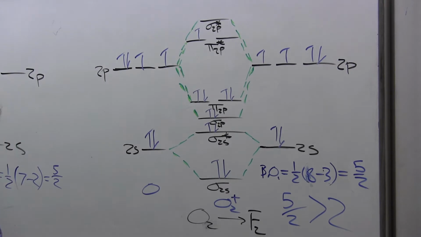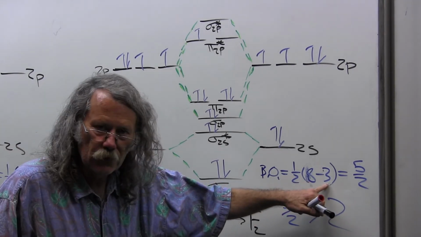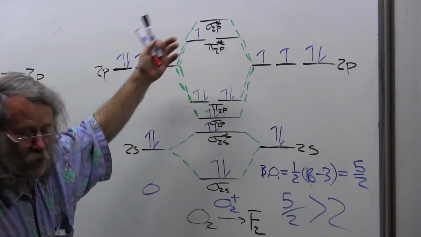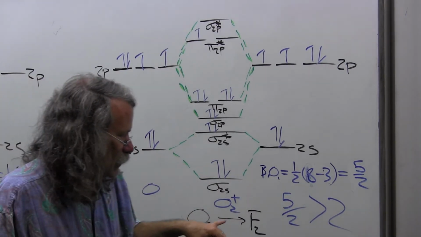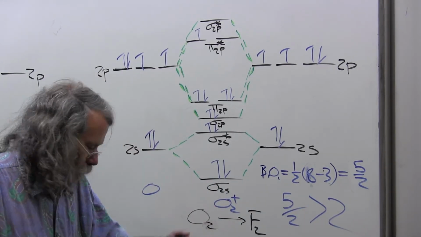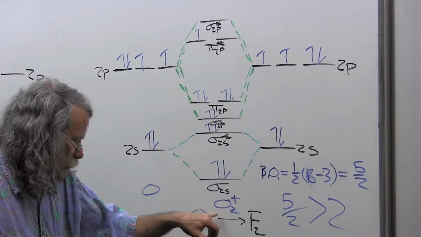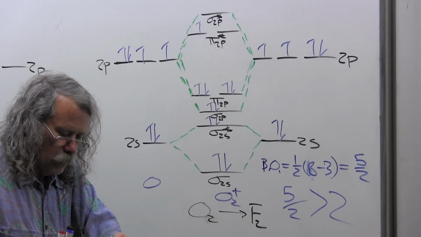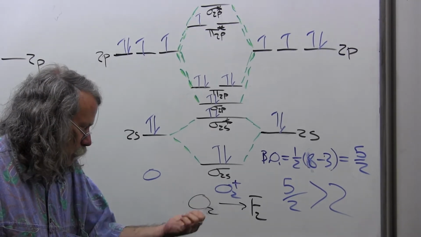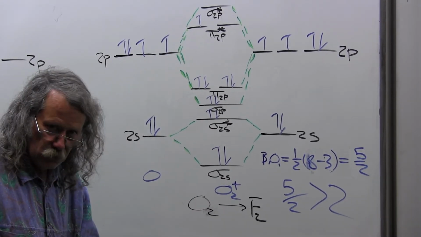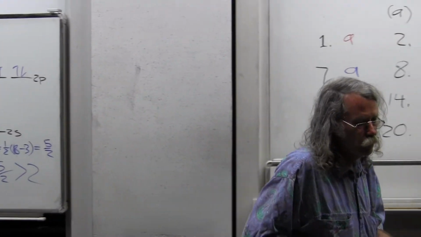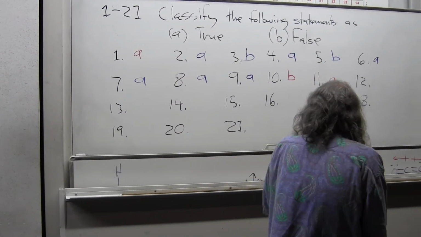Since I removed an antibonding electron, I see an increase in the bond order. And so the resulting bond in the O2 cation is going to be shorter and stronger than the corresponding bond in the dioxygen molecule. So this is indeed true. This is problem number 12.